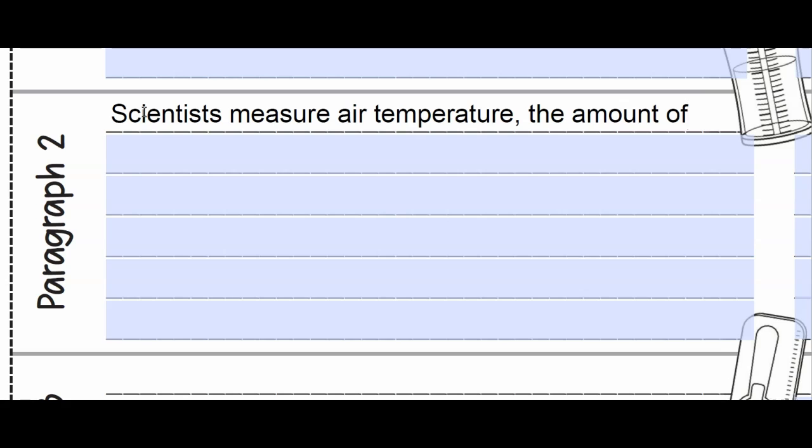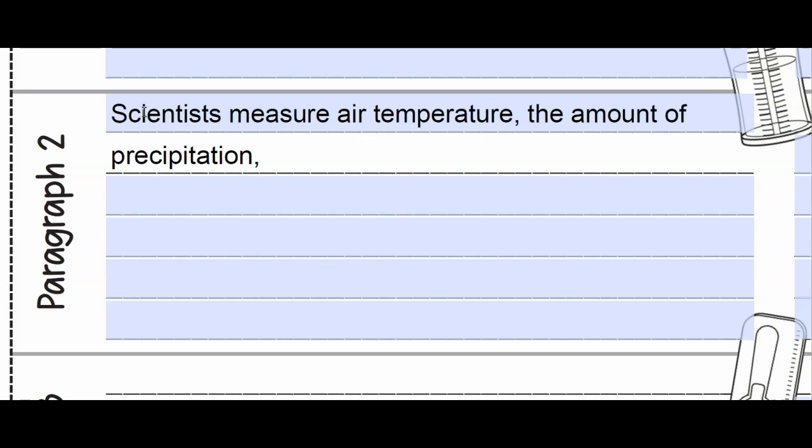Okay, so scientists measure air temperature. They also measure the amount of precipitation. What does that mean, precipitation? Falls from the sky.